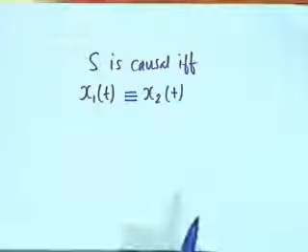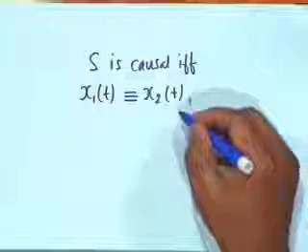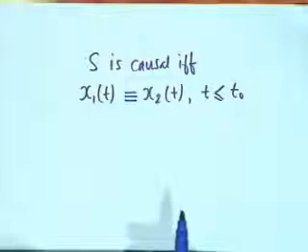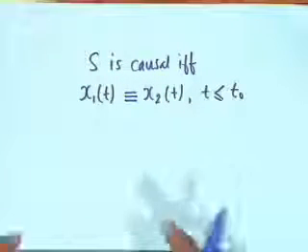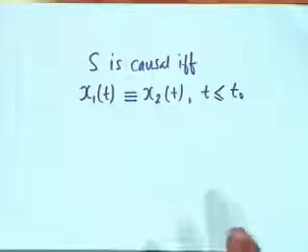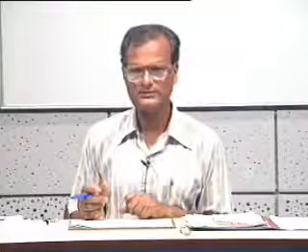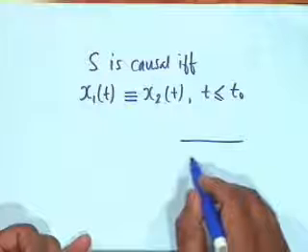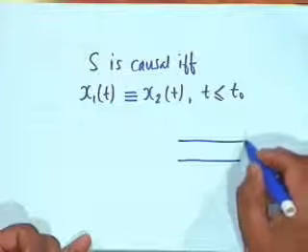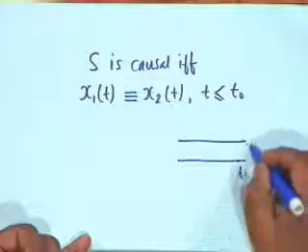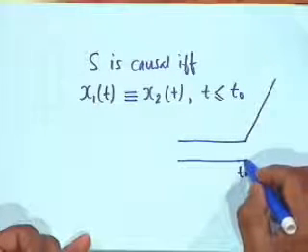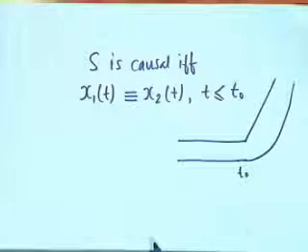If two inputs x1 and x2 which are identical to each other for t less than or equal to t0, alright, two inputs x1 and x2 which are identical for t less than or equal to t0 implies that they could be different for t greater than t0, alright. We can have two signals like this, let's say 0, 0, and for this is t0. At t greater than t0 it may rise linearly, and at t greater than t0 it may rise exponentially.